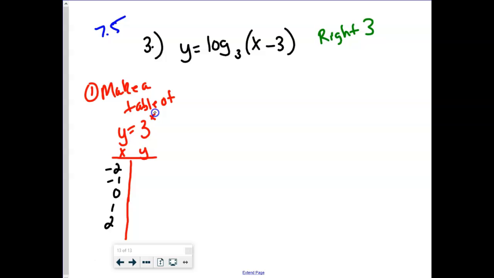If you plug a -2 into the exponent, think about what happens here, guys. 3 to the -2 would be like a 9 that got flipped, so 1/9. 3 to the -1 is 1/3. 3 to the 0 is 1. 3 to the first is 3. 3 squared is 9.